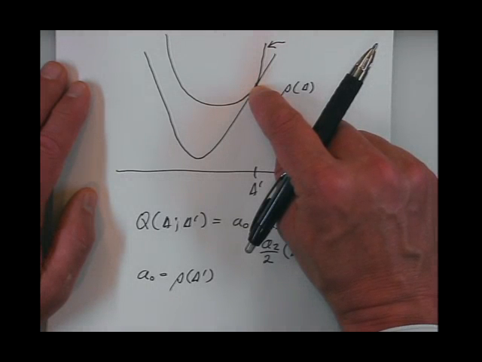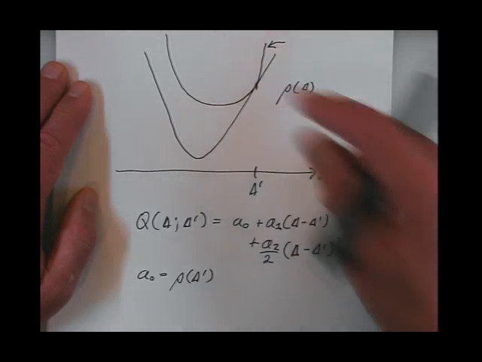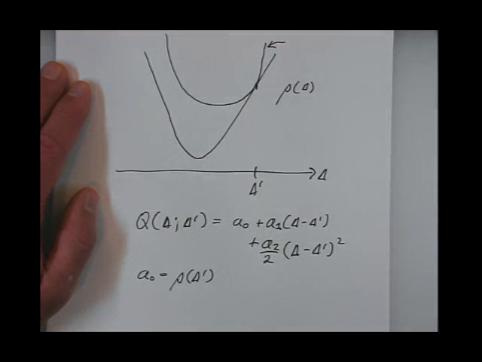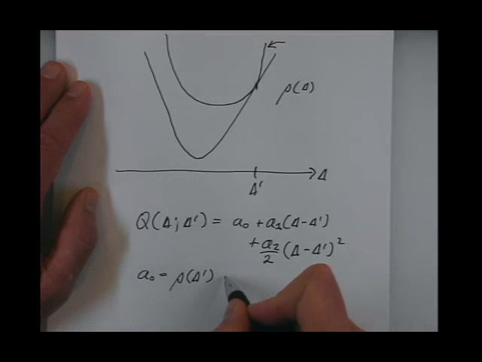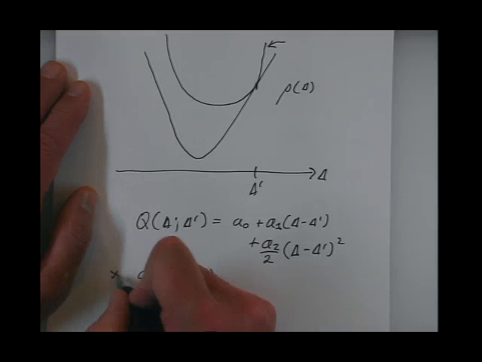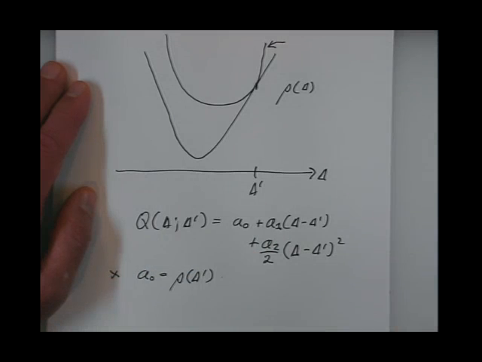I don't care about any constant I add to the function because I'm minimizing it. I only care about the argument that produces the minimum. I don't care about the value of the function at the minimum. So while this is true, I don't have to worry about it. Okay, I can skip it. I'll put a little X here because I can skip it. It's true, but I can skip it.